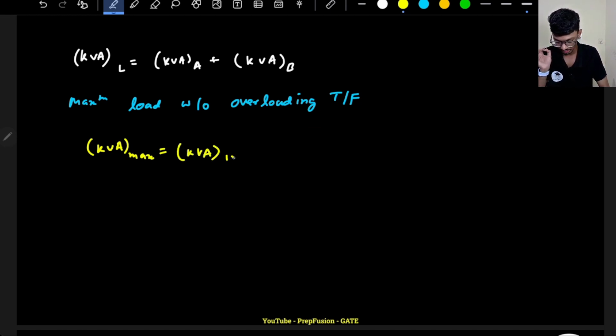So it will be kVA 1 at rated condition plus the second transformer. How will I find out the second transformer value? How will I find it out?